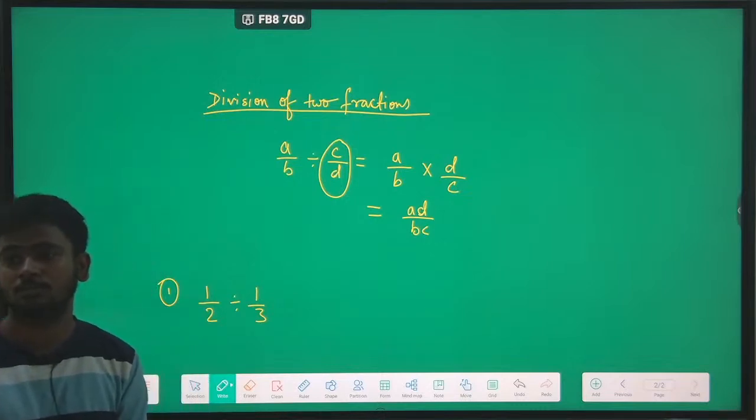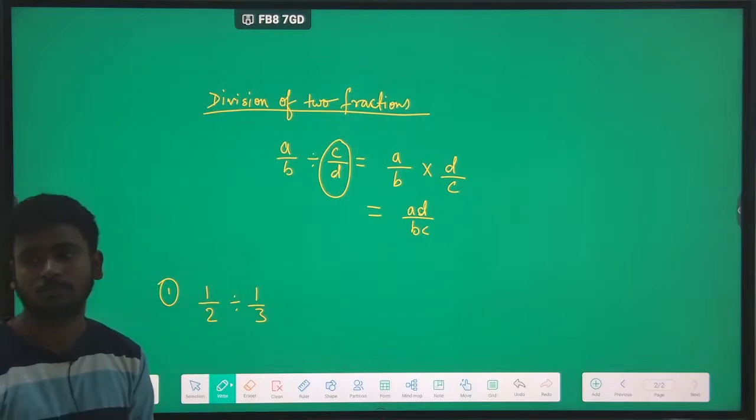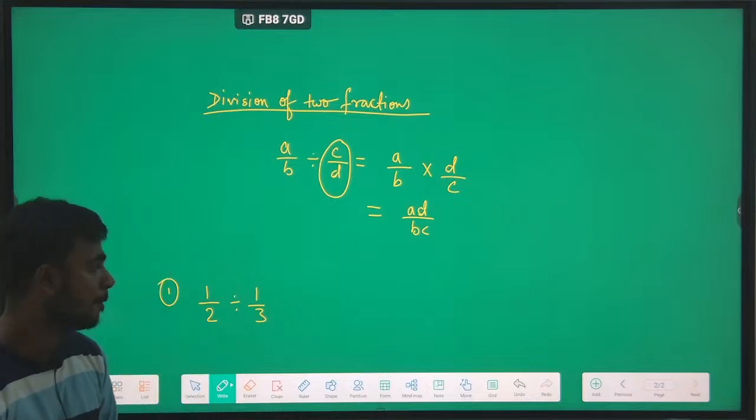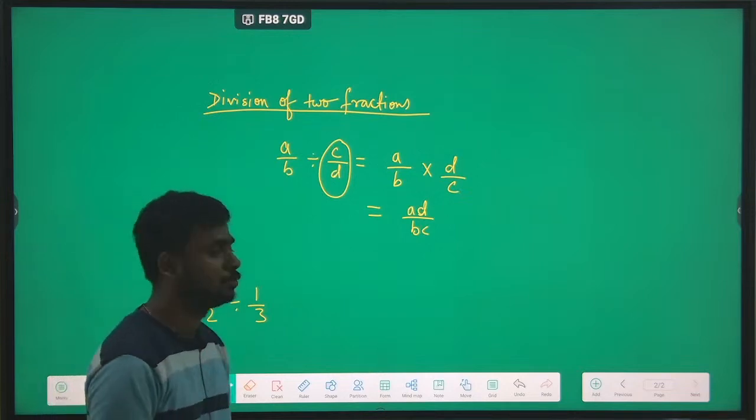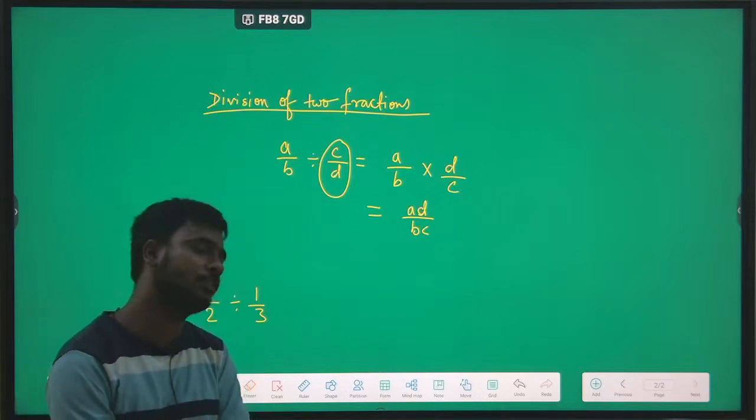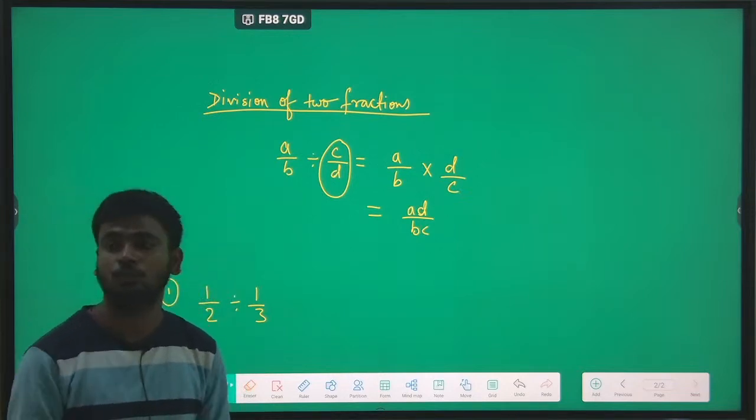What did you get? Someone is saying 1 upon 6, someone is saying 3 upon 2. So which one is correct?